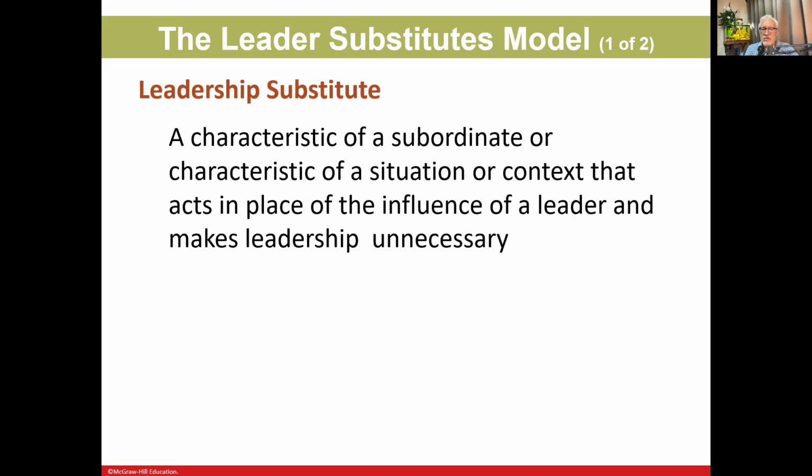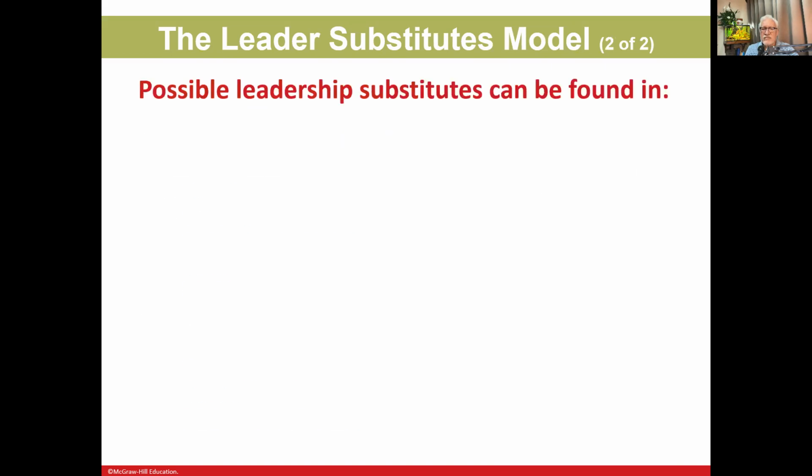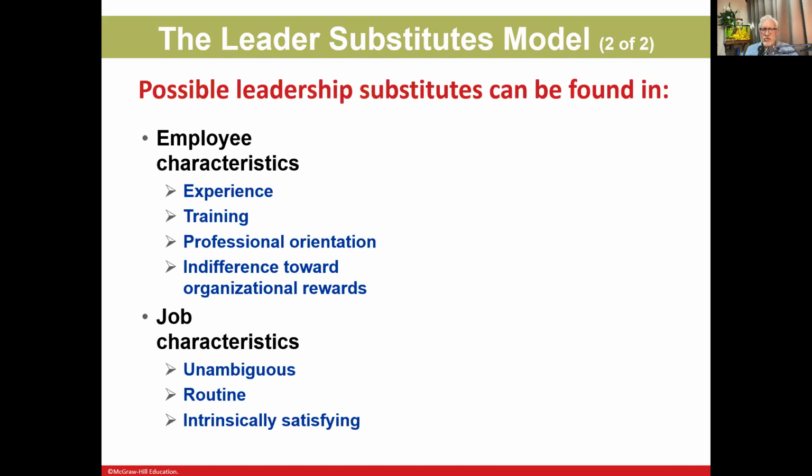The alternatives over here, we're saying if it's about employee characteristics, well, again, someone who's very willing and very able, who has a high readiness level, the R4 level in the Hersey and Blanchard theory, lots of experience, lots of training, professional orientation, someone who's not worried about the pay per se. And if the job structure then is unambiguous and routine and satisfying to perform, then why make a fuss?